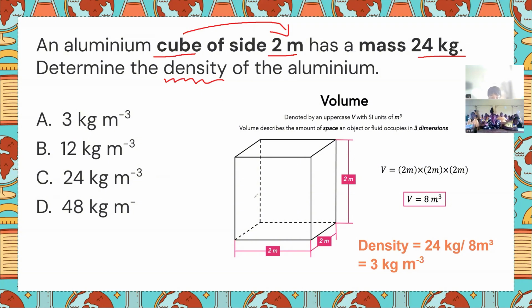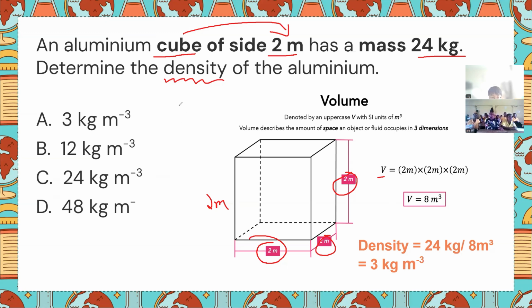Cube of side 2 meters, that means a cube has all the same side lengths. So we know that the length, the width, and the height are all 2 meters. And we find the volume to be 2 times 2 times 2, which is 8.